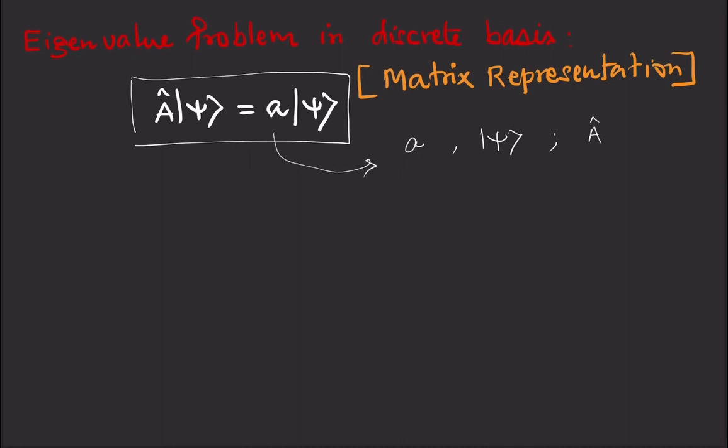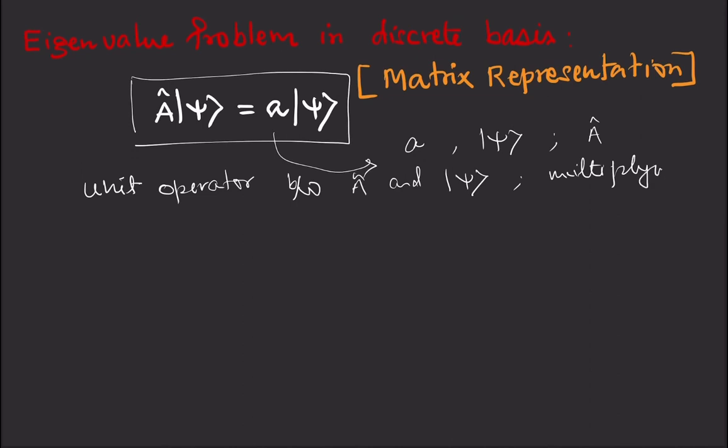And to solve this, let us insert a unit operator between operator A and eigenstate ket psi, and further multiplying by bra phi m.